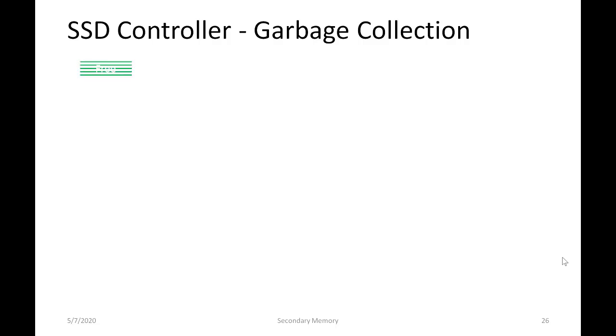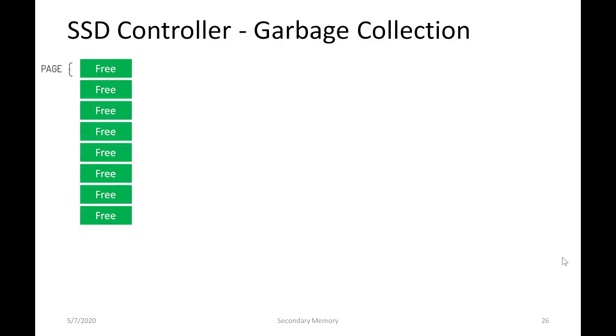So let's look at a couple of examples of how the garbage collection would work. Let's say here we have a page, and a set of 8 such pages is our data block. Now let's say we have received the first write from the host.